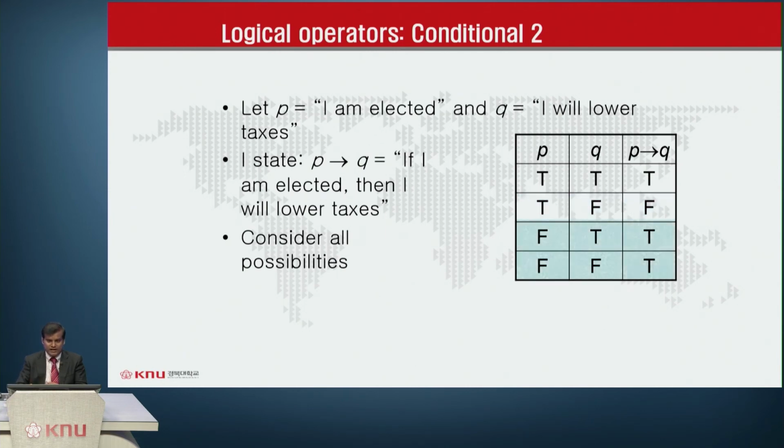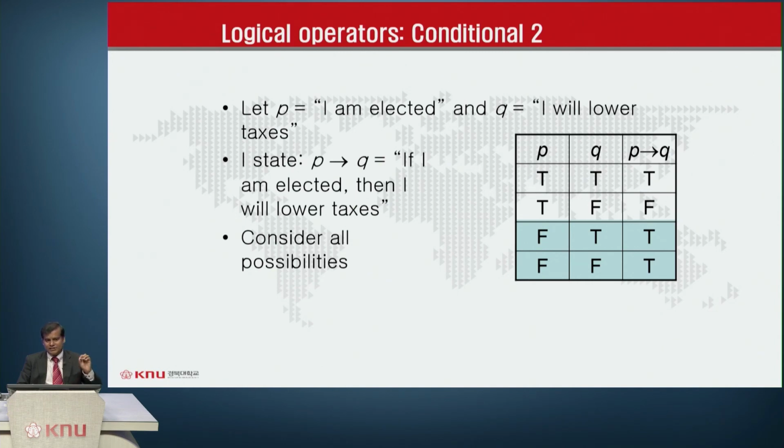But on the other hand, you did not make any promise to lower the taxes, but you are lowering the taxes. In that case, again the implication is true. You did not make any promise to lower the taxes and you are not lowering the taxes, still the implication is true. So that is what we have to understand about this conditional statement. Remember that there is one place where it is false, and on all other conditions it is true.